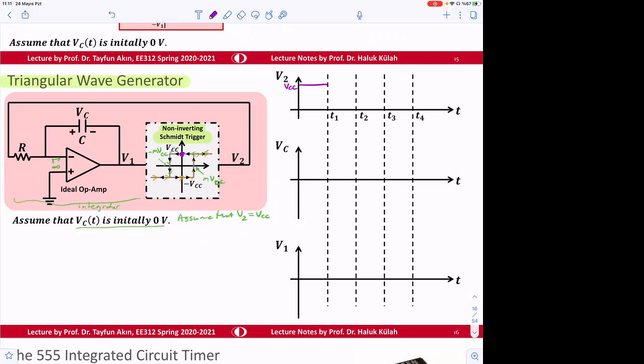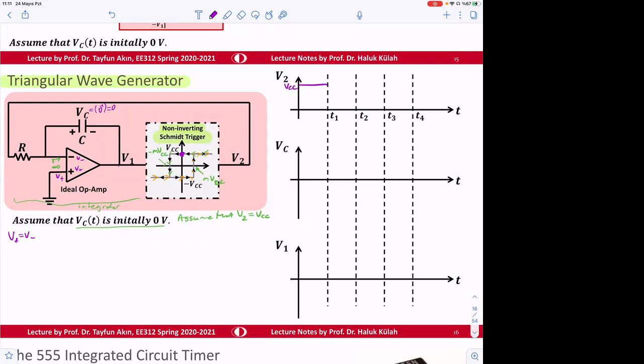Why is the input 0? Because we assume that this is at 0, so V plus is equal to 0 volt. If that's 0 volt, because of the gain of infinity, V plus of the op amp is equal to V minus of the op amp. So we can say this is V plus, this is V minus.